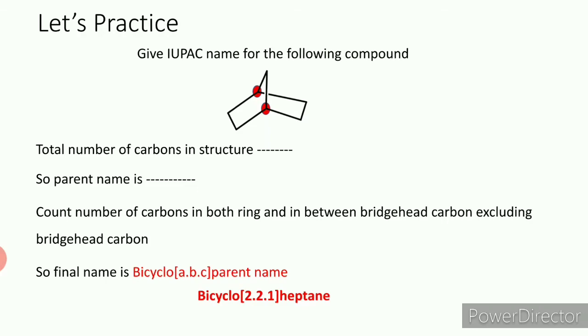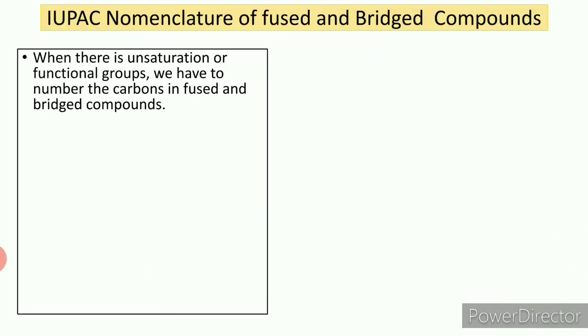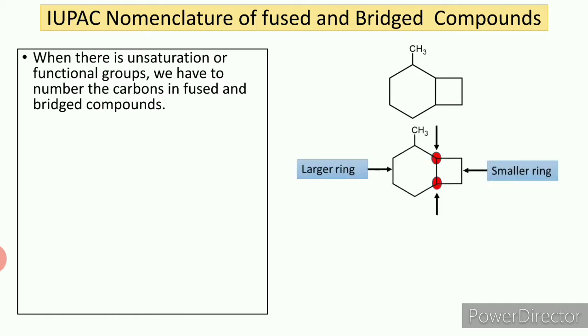However, when there is unsaturation or functional groups, we have to number the carbons. So we'll check how numbering is done. Let us consider this compound. What you have to do is locate the bridgehead carbons and check the smaller and larger ring. In this case, I have marked both.